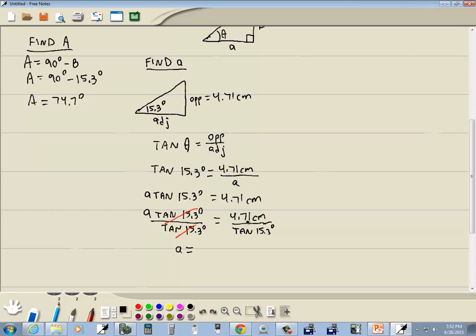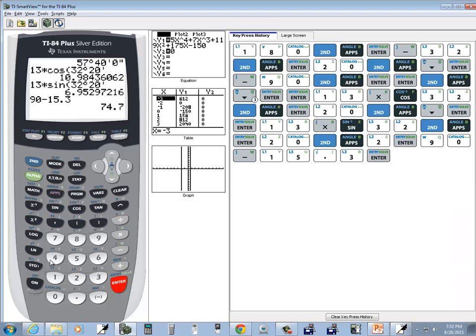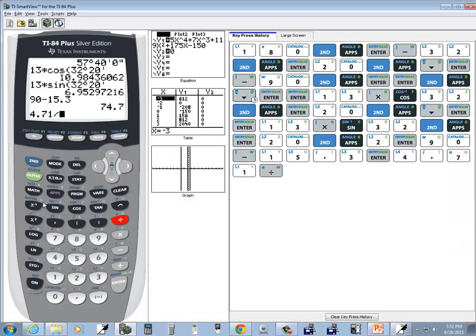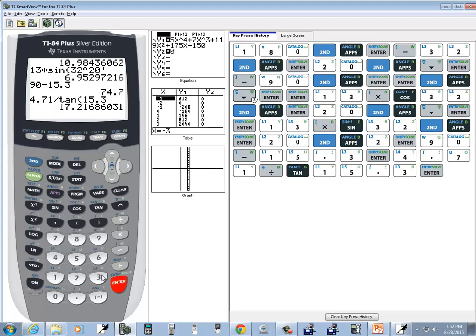And A is equal to, and I'll type that in my calculator, 4.71 divided by tangent 15.3. And I'm in degrees, so we're fine there.